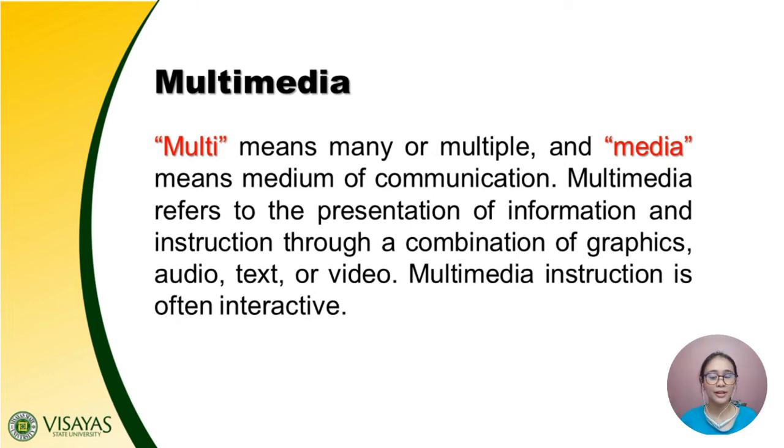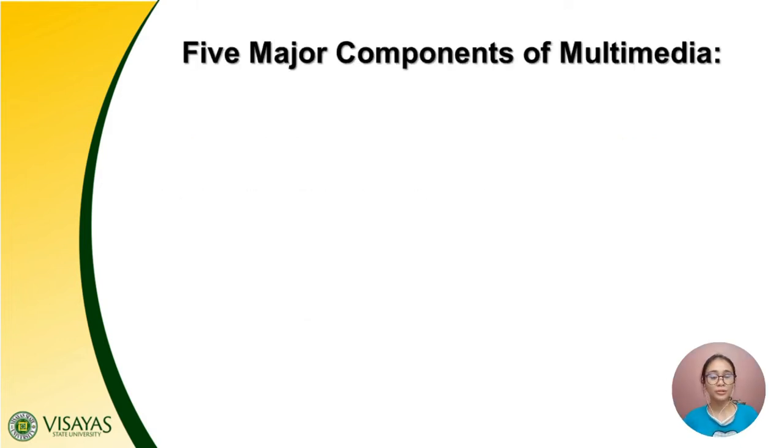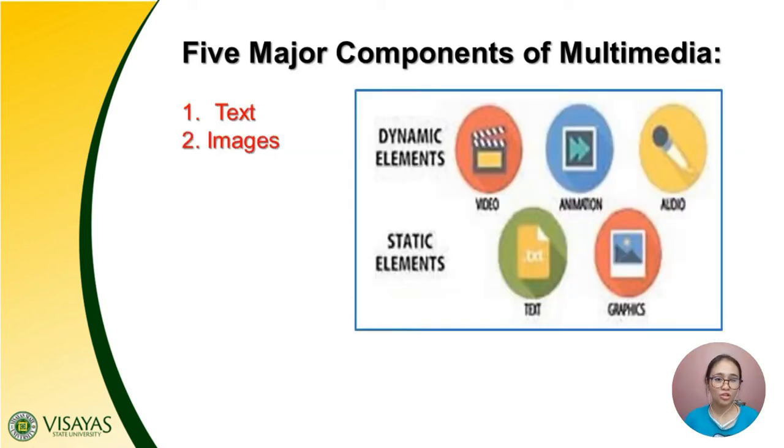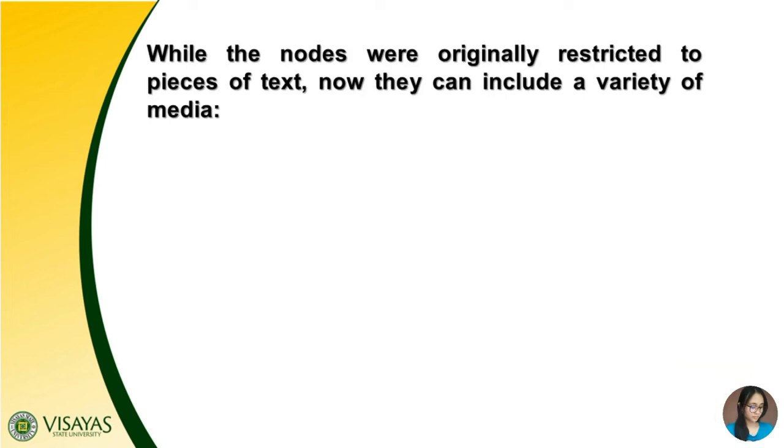Oftentimes, multimedia instruction is actually interactive. Now, multimedia has 5 major components, and these are the text, images, sound, video, and animation. While the nodes were originally restricted to pieces of text. Okay, nodes, by the way, are from the networking sites.